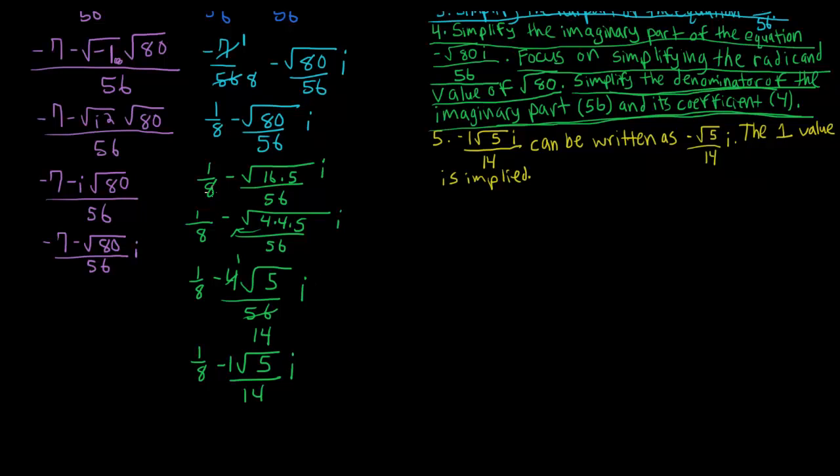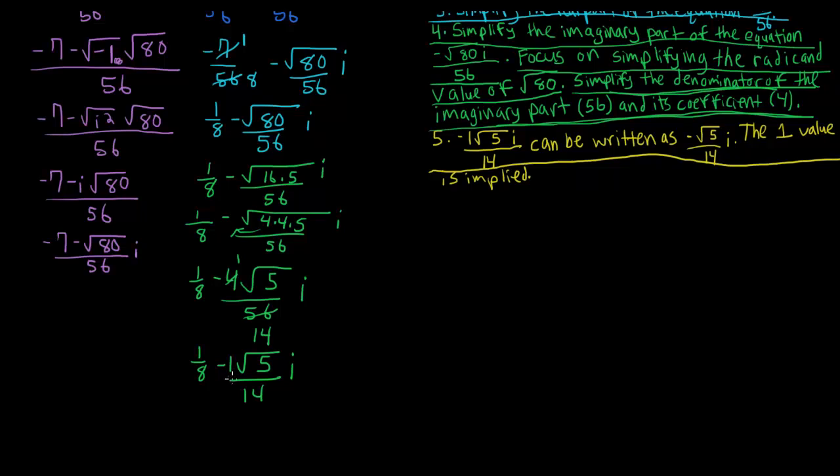And then step 5, negative 1 square root of 5 over 14I can be written as negative square root of 5 over 14I. The I value is implied.